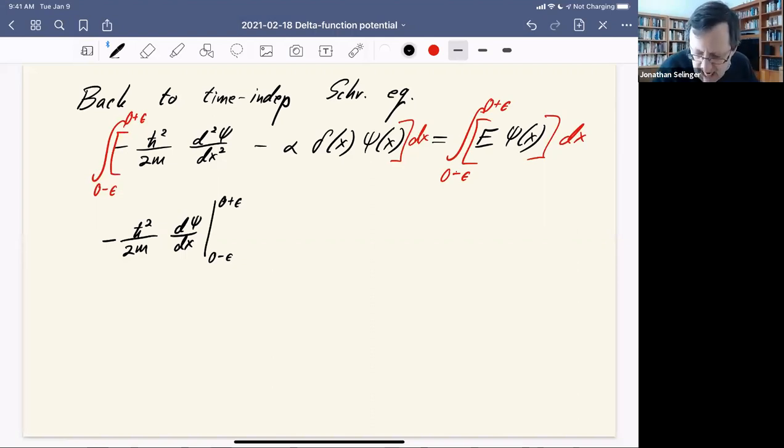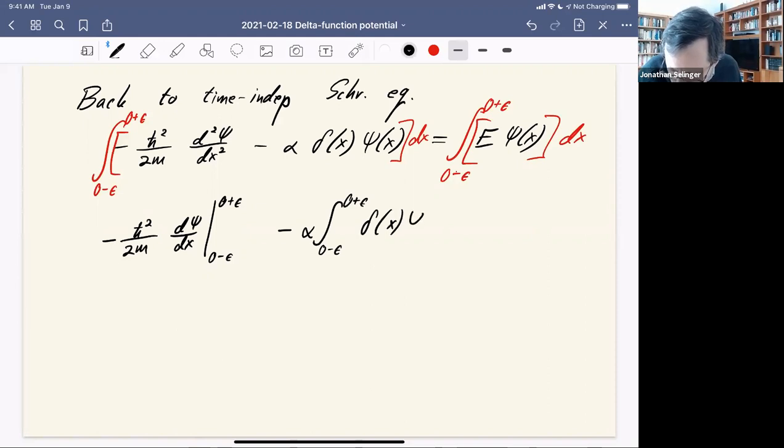That is the integral of the first term. Then the second thing is going to be a minus alpha integral from 0 minus epsilon to 0 plus epsilon delta of x psi of x dx.